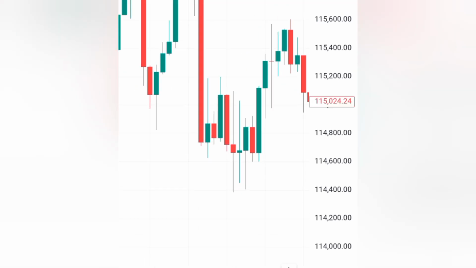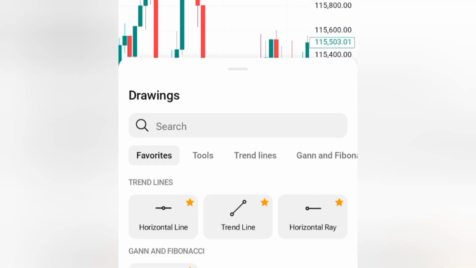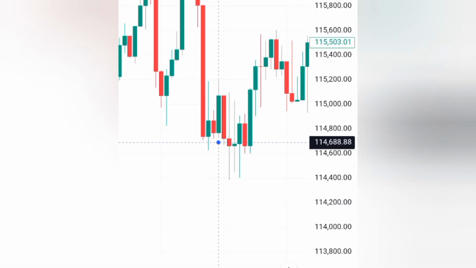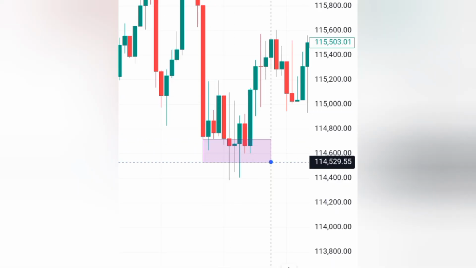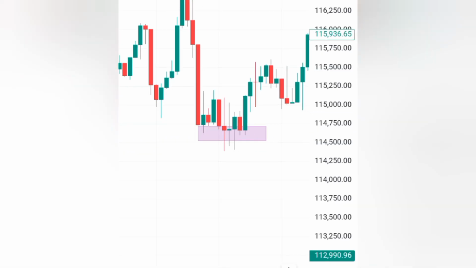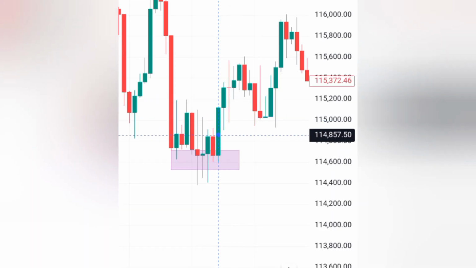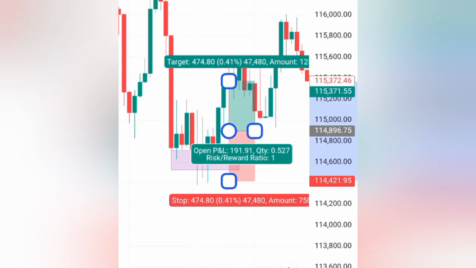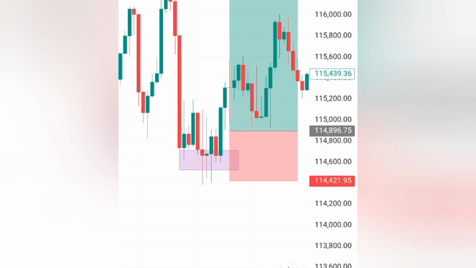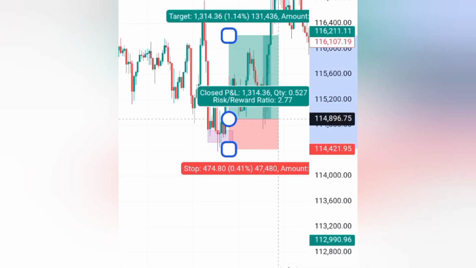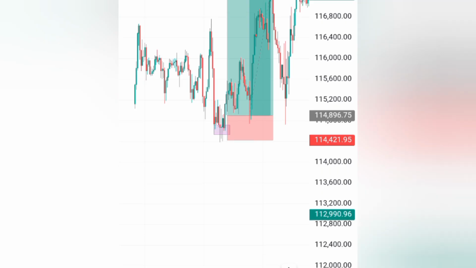Why? Because it was on a supporting level, right? Then it formed an engulfing candlestick pattern, indicating that buyers have entered the market. Then boom, the market just bought with confidence.